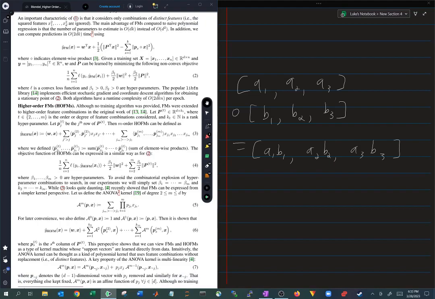So we have the sum from i1 equals 1 to n, and then we have the sum from i2 equals i1 plus 1 to n, all the way up to the sum from iL equals iL minus 1 to n.